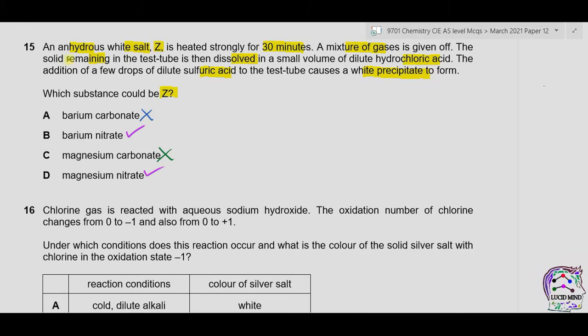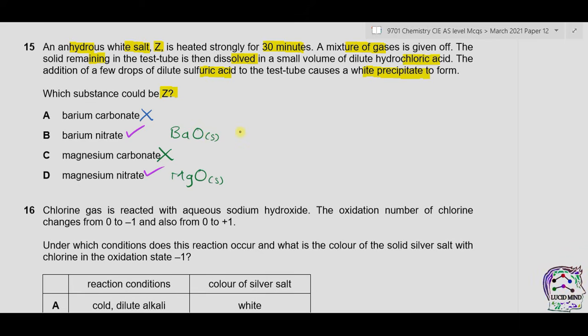Now the question says that the solid remaining in the test tube is then dissolved in dilute hydrochloric acid, and then a few drops of sulfuric acid are added to make a white precipitate. Now in barium nitrate, we had barium oxide that was present in the test tube. In magnesium nitrate, we had magnesium oxide that was left in the test tube.